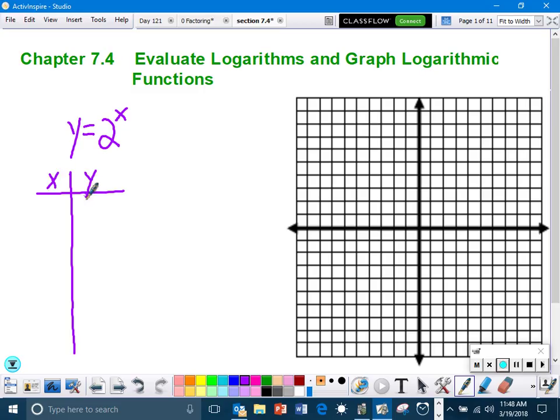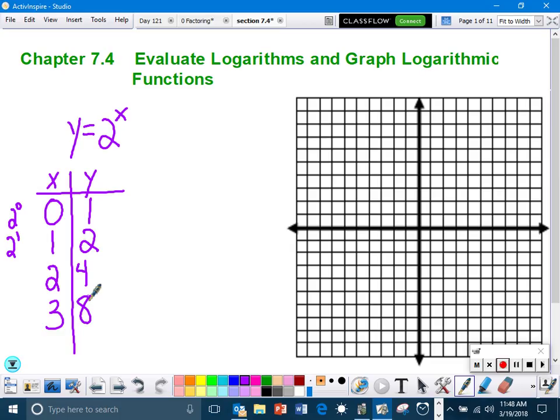I'm going to start with 0. 2 to the 0 power is 1. 2 to the first power is 2. 2 squared is 4. 2 to the third power is 8, and so on.